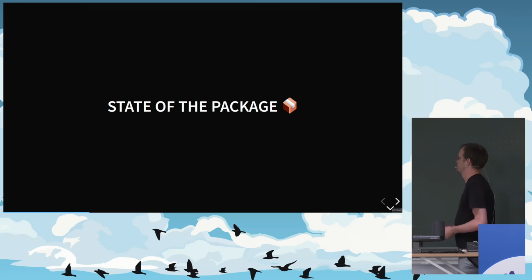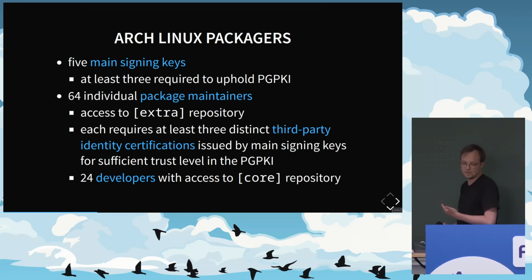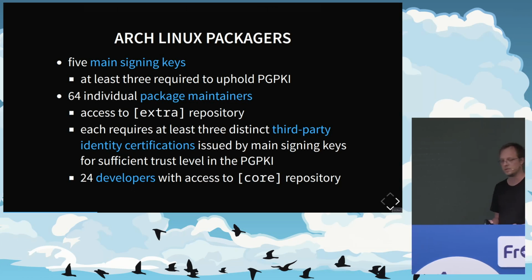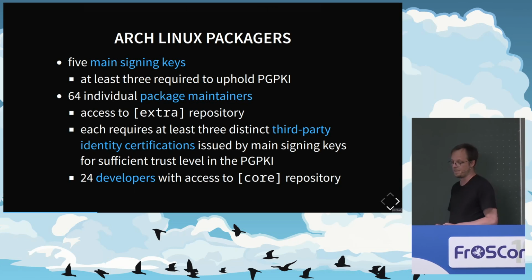So let's delve into a little bit of the state of what we do and why we do it on Arch Linux. As I mentioned earlier, we have 5 main signing keys. These are basically trust anchors for the OpenPGP web of trust that we use.